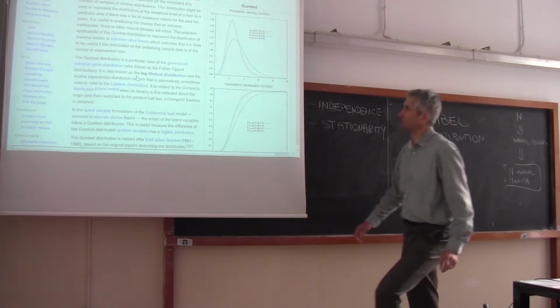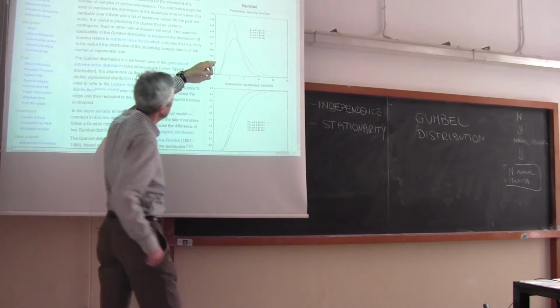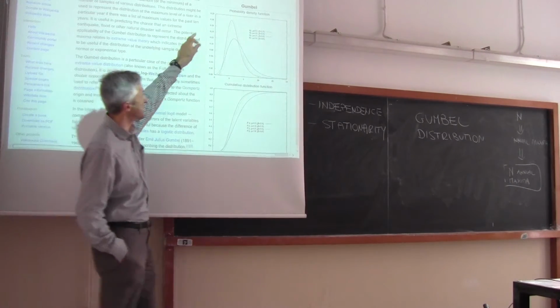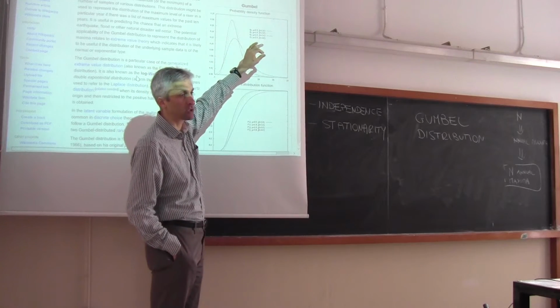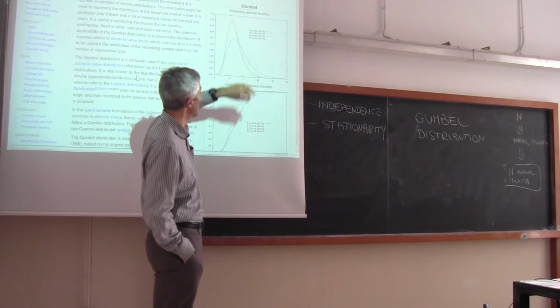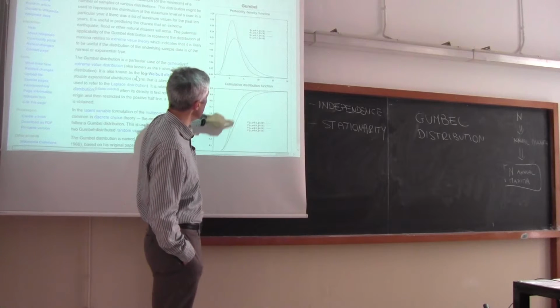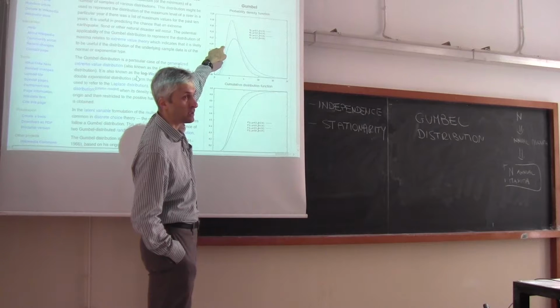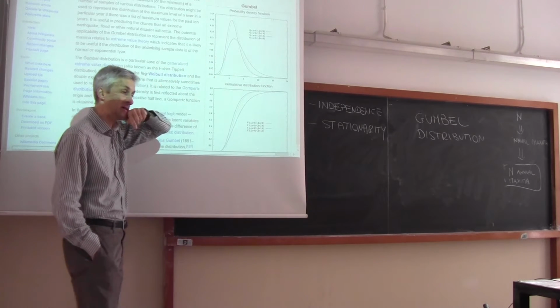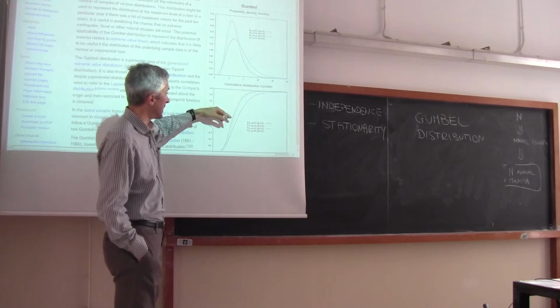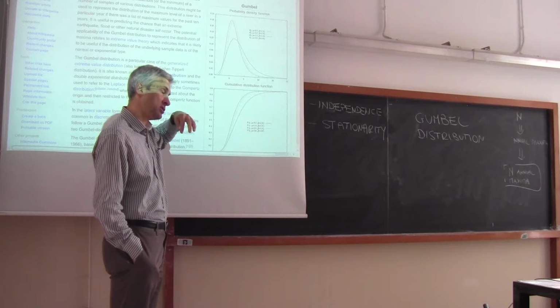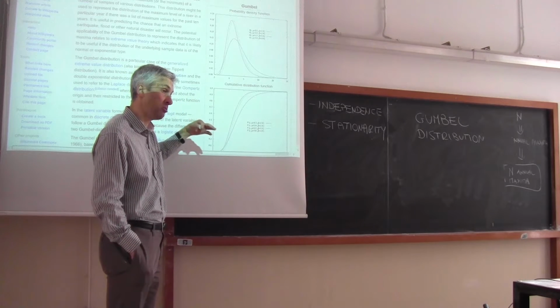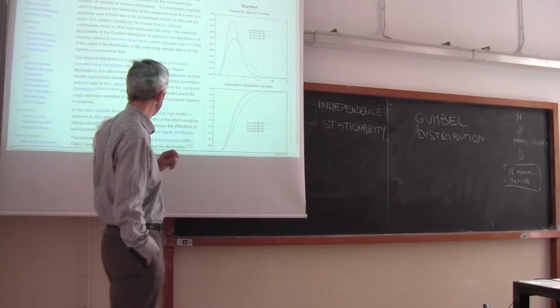You see here a graph of the probability density for different parameter values. I will explain to you what the parameters are. And this is the integral. Basically, this graph is the integral of this one, because the distribution is usually given in the form of the cumulative probability, not probability density.